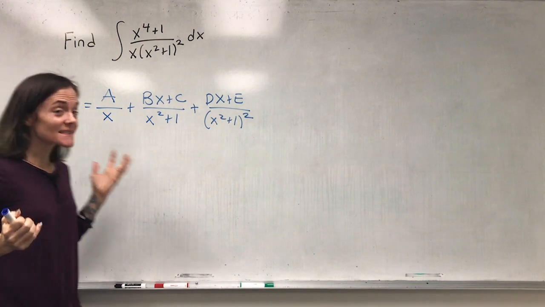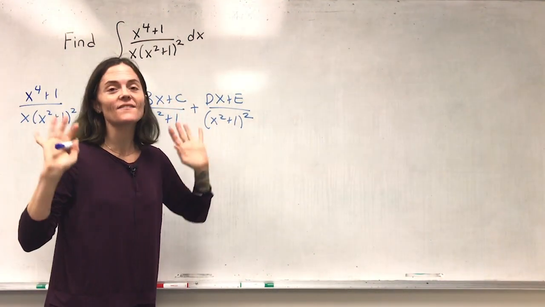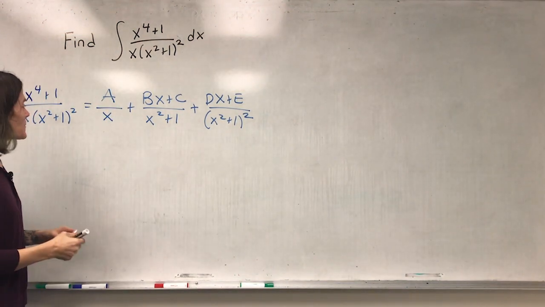Okay, now this looks like it's going to be a ton of work because we have 1, 2, 3, 4, 5 unknowns. But you will see it's not too terribly bad.